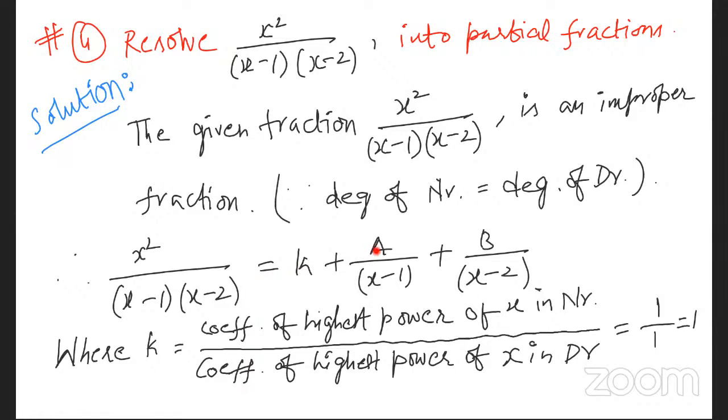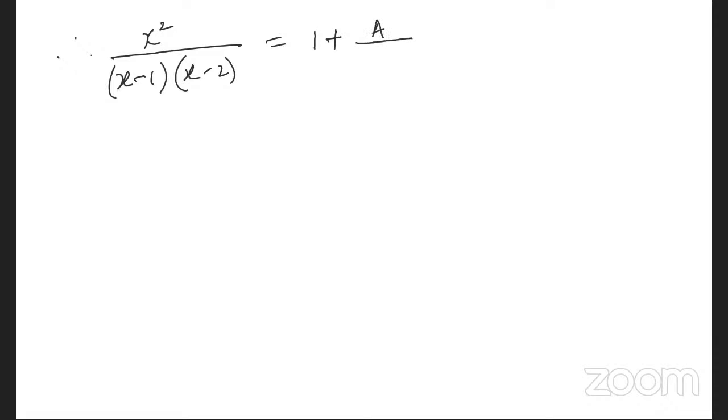We shall write that. Therefore, x square divided by x minus 1 into x minus 2 can be written as 1 plus a by, because value of k is 1, a by x minus 1 plus b by x minus 2.